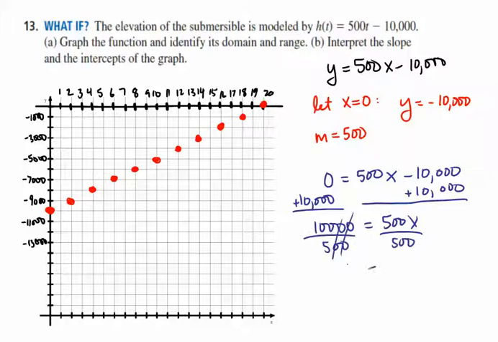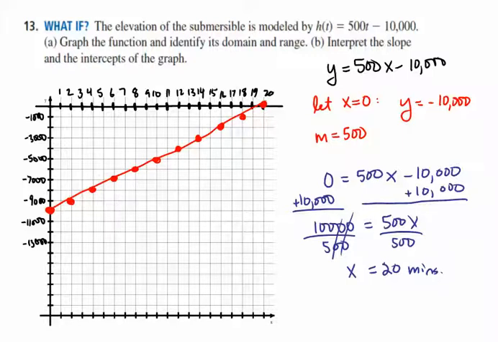We would get 1,000 divided by 5, so x is equal to 20, and that would be 20 minutes here. So that can show you also that at time t equals 20, the submersible will reach the surface of the water. So we would just simply draw in a line connecting all of those points there, and there we have it.